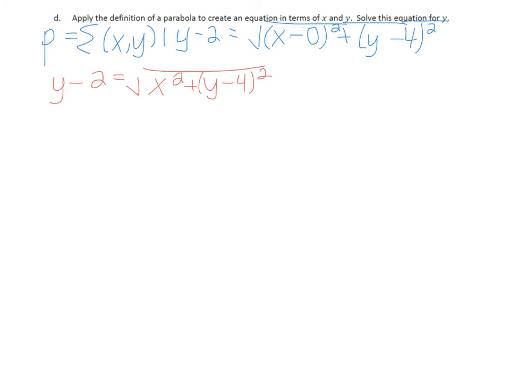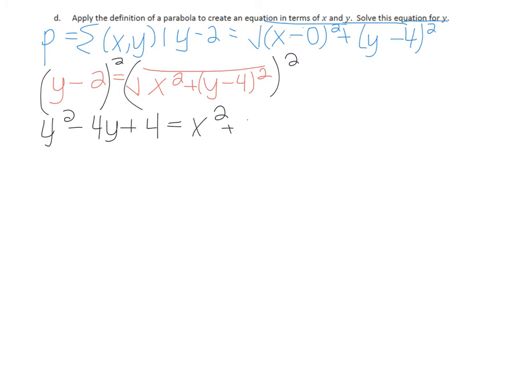Just like before with our last lesson, we're going to square both sides to eliminate the radical. On my left side, and you can use tabular, you'll get y squared minus 4y plus 4 equals x squared plus (y minus 4) squared.